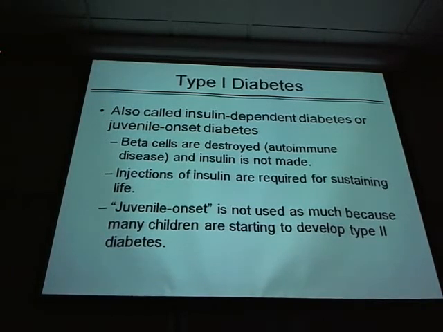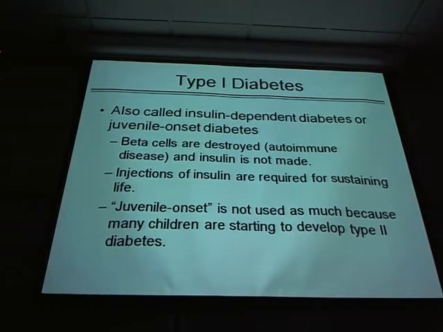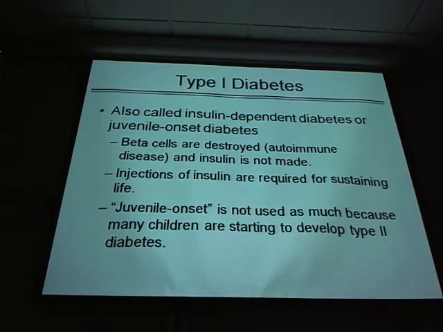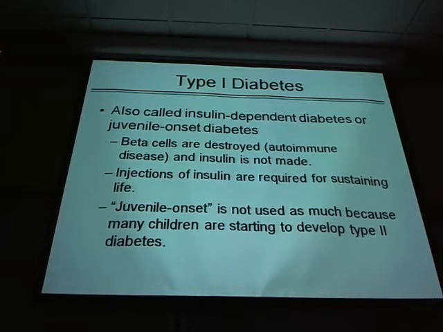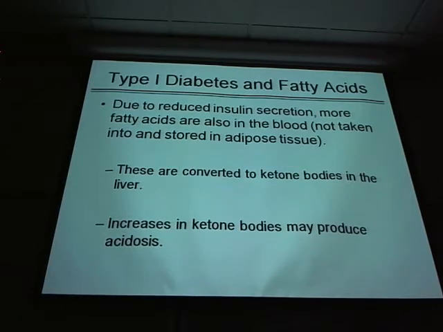So sad, then. If beta cells are destroyed, insulin will be replaced by injections. You have to get exogenous insulin. It has to be injected.